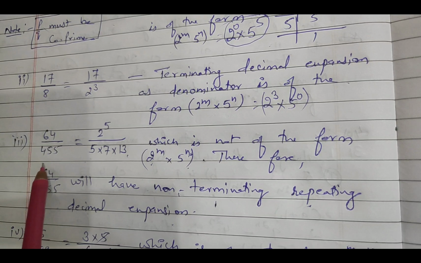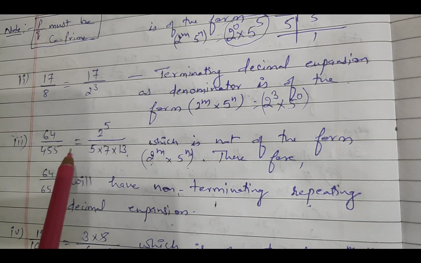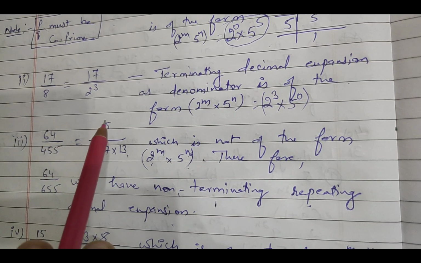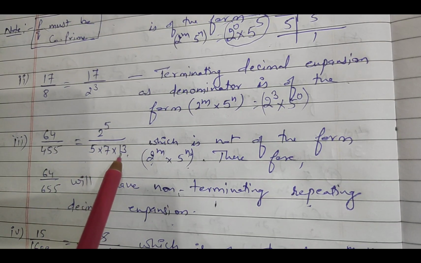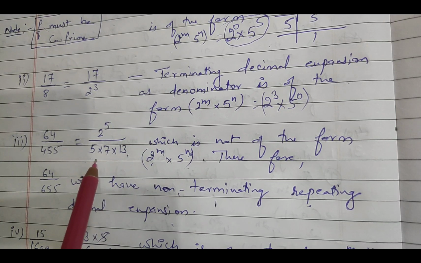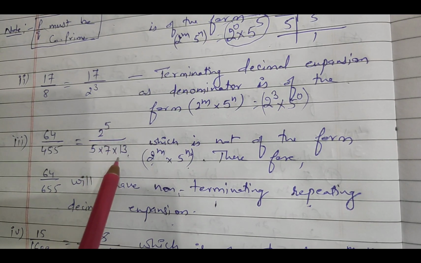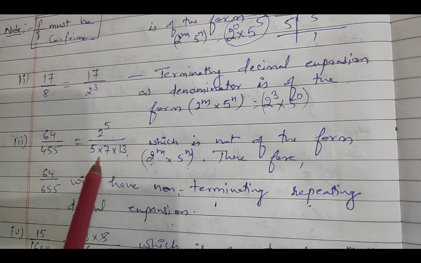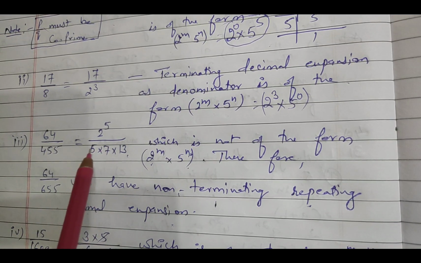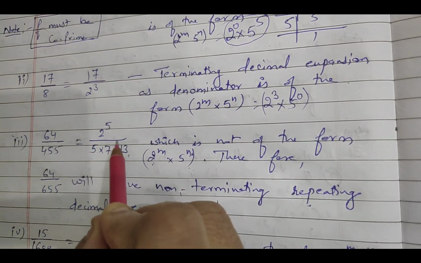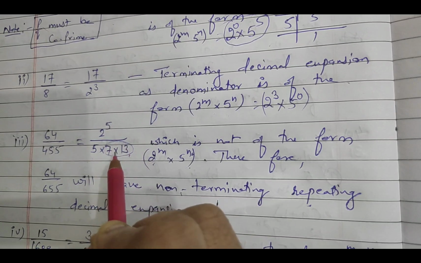Next is 64 upon 455. So 64 can be written as 2 raised to power 5 and 455 can be factorized as 5 into 7 into 13. Here you can see that 7 and 13 cannot be cancelled with the numerator because we don't have any factor in the numerator like 7 or 13. So it remains like this, and we observe that we have these two extra factors which should not be there, right?